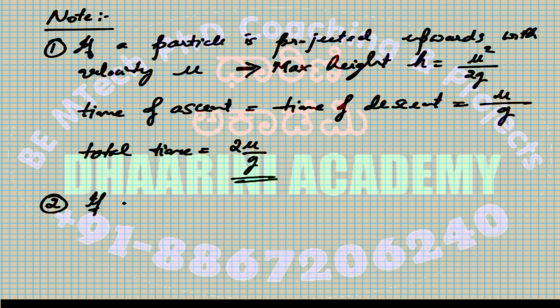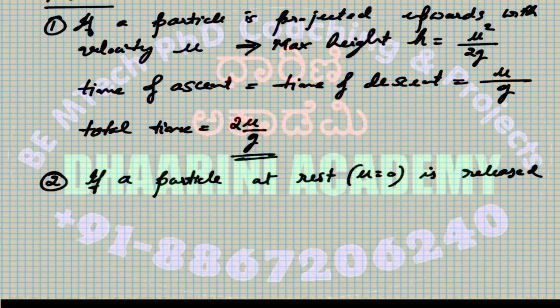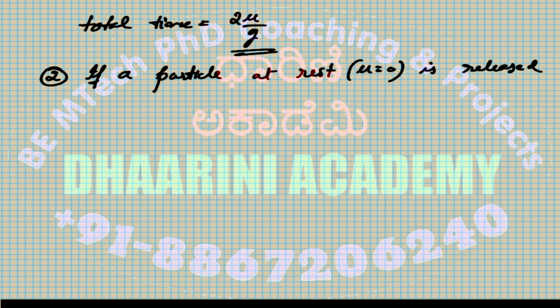So if a particle at rest, that is u equal to 0, is released from height h, then the velocity of the particle at the time it hits the ground can be calculated.